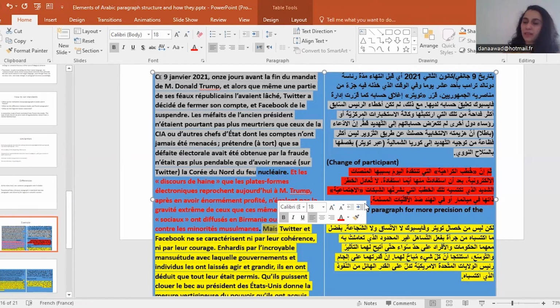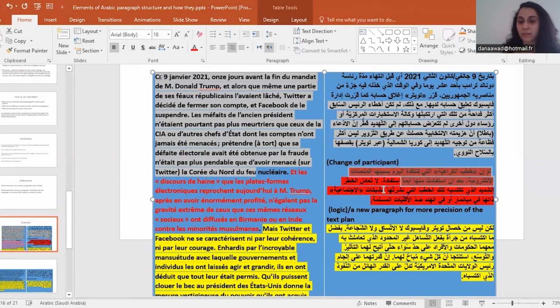But when we analyze, we see that there is a change of participant in this. So the translator considered this paragraph as a change of participant, and he wanted to emphasize the element of Muslim minorities, or speaking about Muslim minorities.